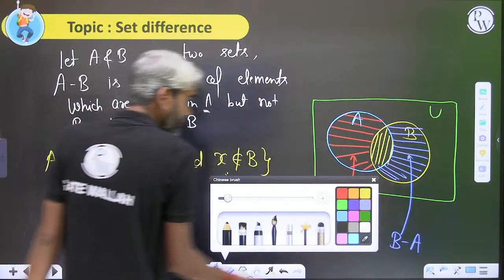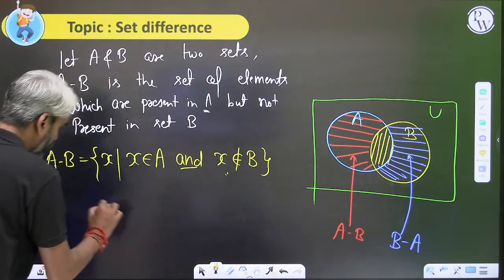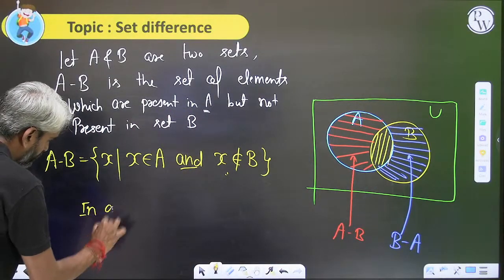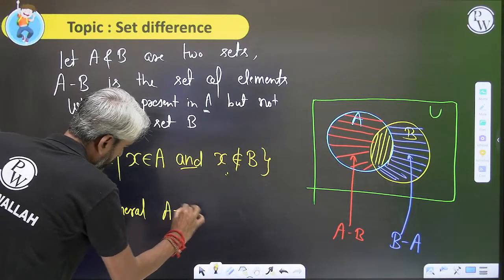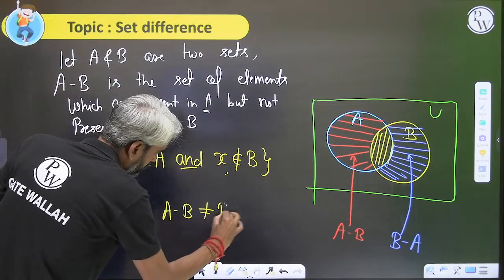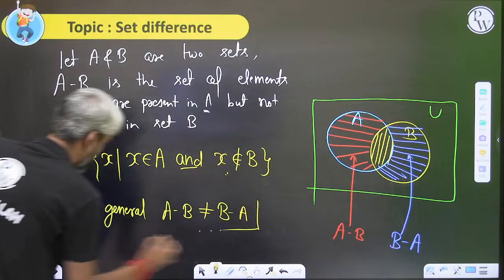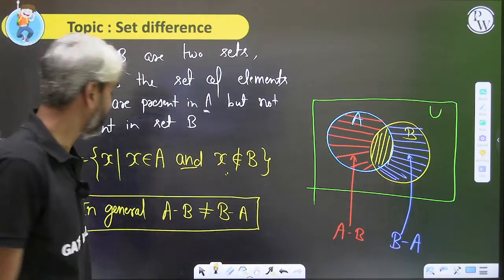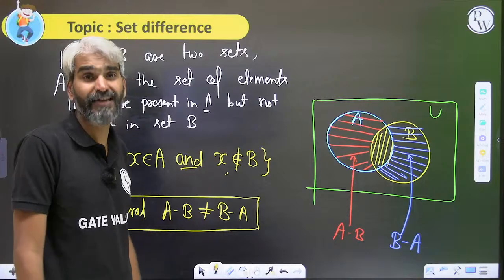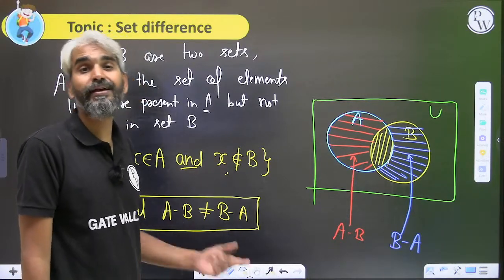So you can actually say that in general, A minus B is not equal to B minus A. When exactly will A minus B be equal to B minus A? Sir, A minus B will be equal to B minus A only when A is equal to B.